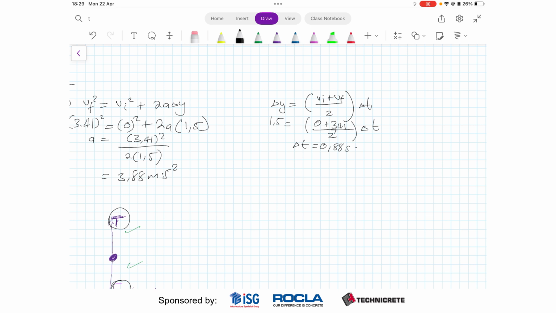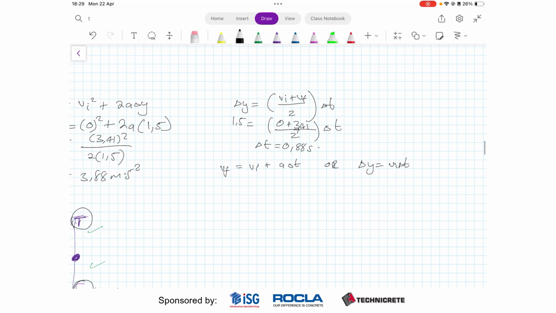And then you plug this into Vf equals Vi plus a delta t, or delta y equals Vi delta t plus 1 over 2a delta t squared, okay?